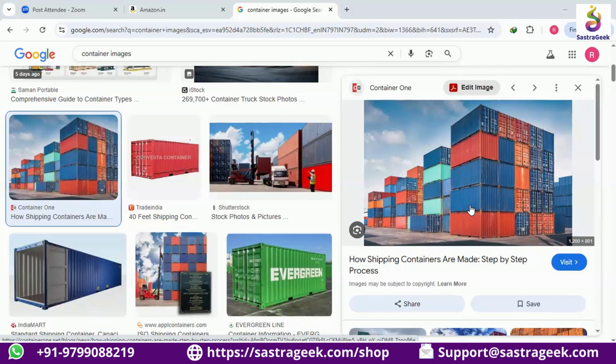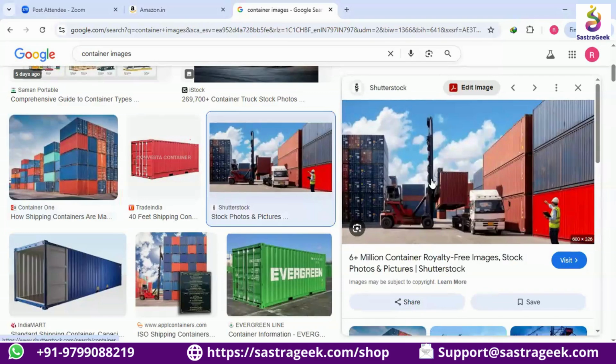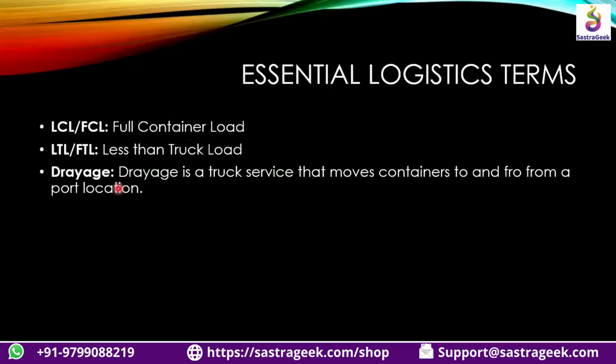Ultimately I have to take care of all the movements going on in this place, and hence there needs to be an internal movement planned. I'll be moving the containers from one place to another within the ports, and hence you will be calling this entire service drayage.